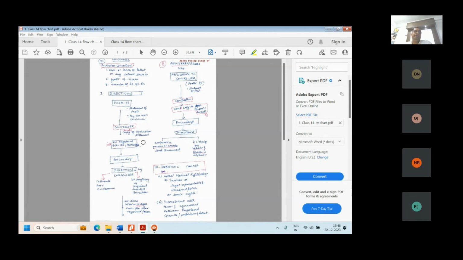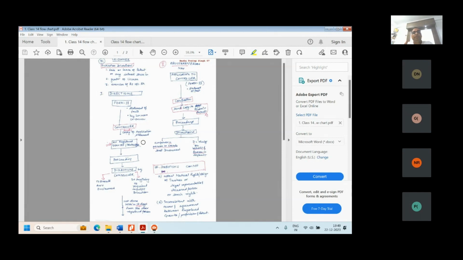Here the controller gives limited directions. One, he can ask you to do anything as required to fulfill, and to execute any instrument or not. The controller will say, okay, go for this agreement, or execute an agreement, or go for this sale or lease in this format.